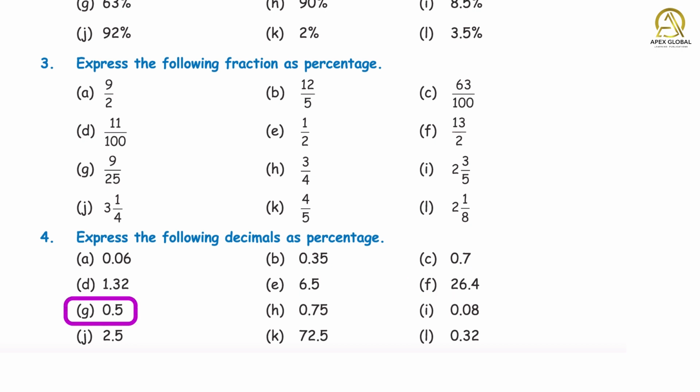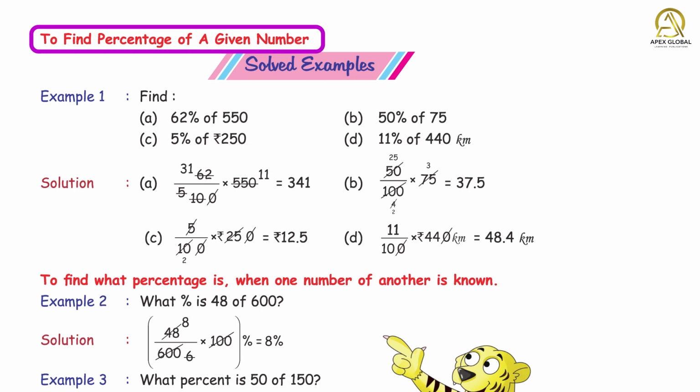G 0.5, 50%. H 0.75, 75%. I 0.08, 8%. J 2.5, 250%. K 72.5, 7250%. L 0.32, 32%. To find percentage of a given number.